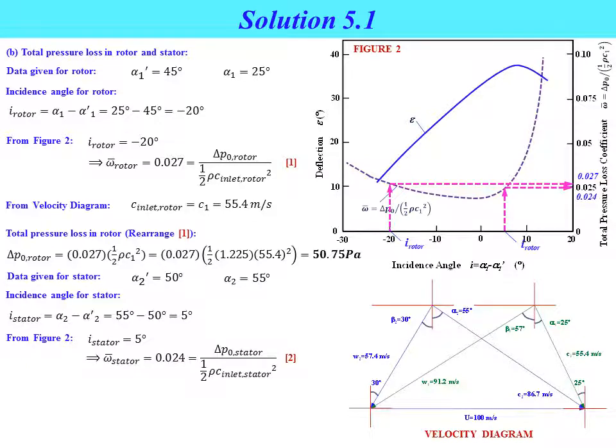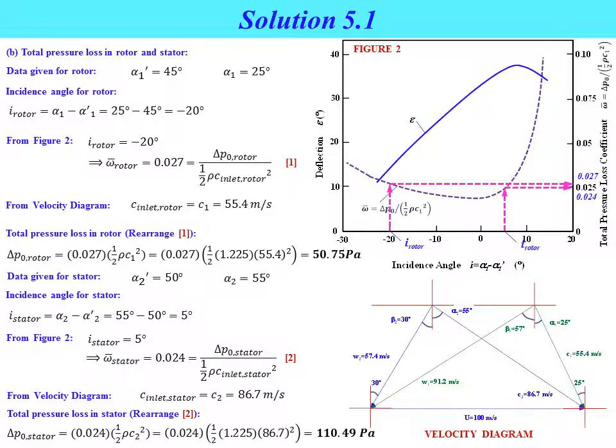Omega bar for the stator equal to 0.024, equal to delta P naught stator divided by half C inlet stator square, represented by equation number 2. From the velocity diagram, we know that C inlet for the stator equal to C2 equal to 86.7 meter per second. For total pressure loss in the stator, we rearrange equation number 2, and then we obtain the value of delta P naught for the stator, which is equal to 90.2 Pascal.